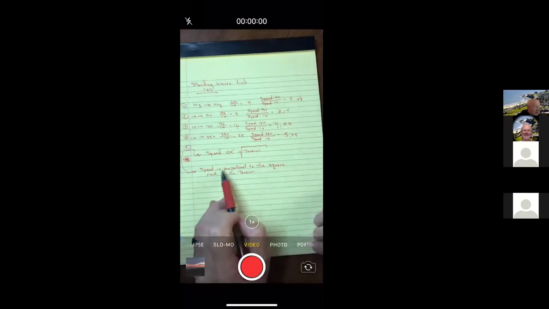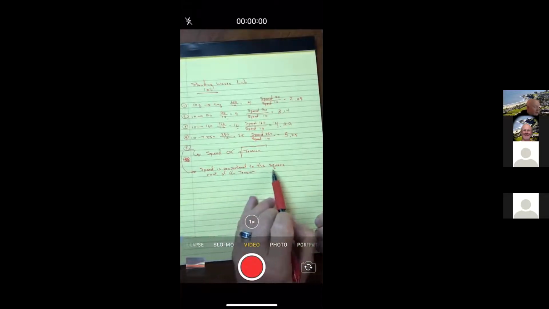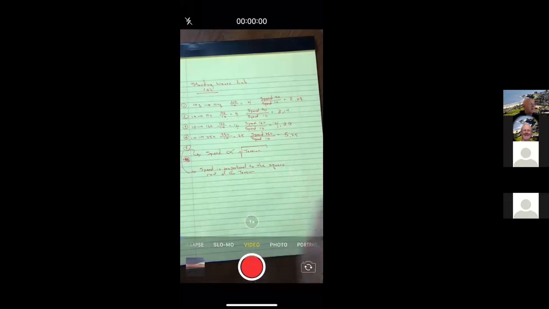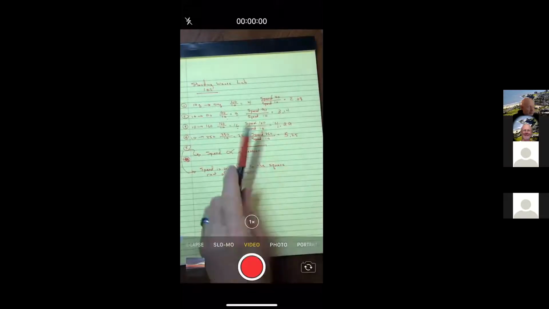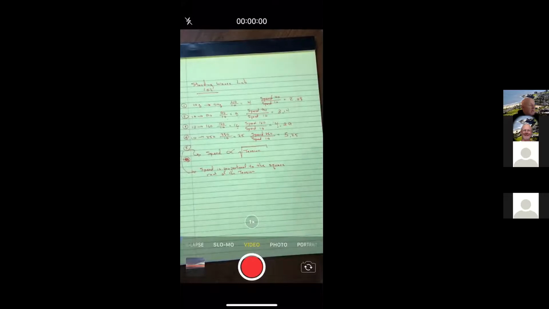So we can say speed is proportional to the square root of the tension. That's what I would encourage you to change. All your others, the first 4, are great numbers, very close to the numbers that I said. And then the conclusion you want is this. Does that help?